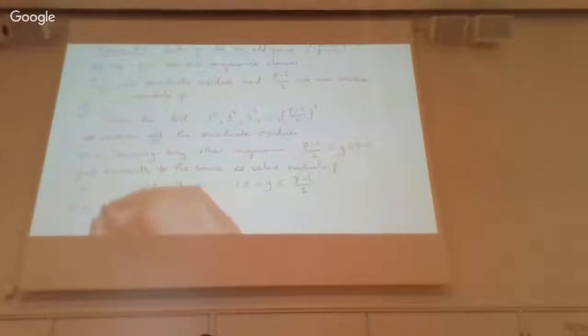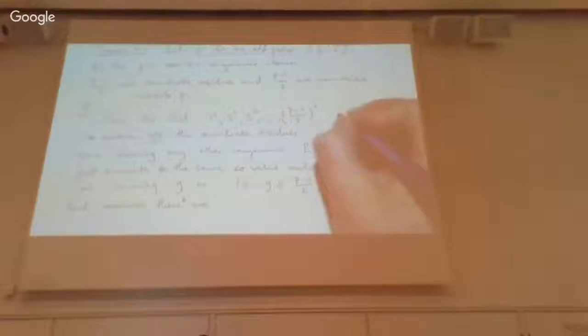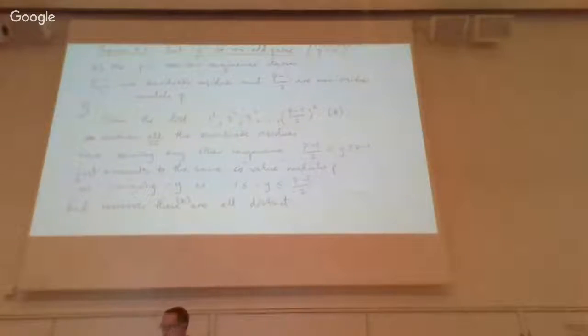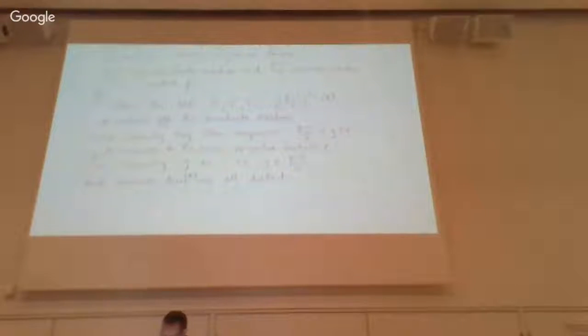And moreover, by these I mean this list up here, these are all distinct. Okay, that's a little claim that we should prove, just to get it out of the way.